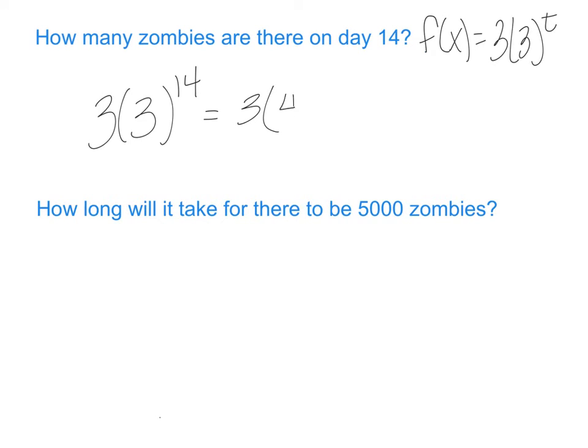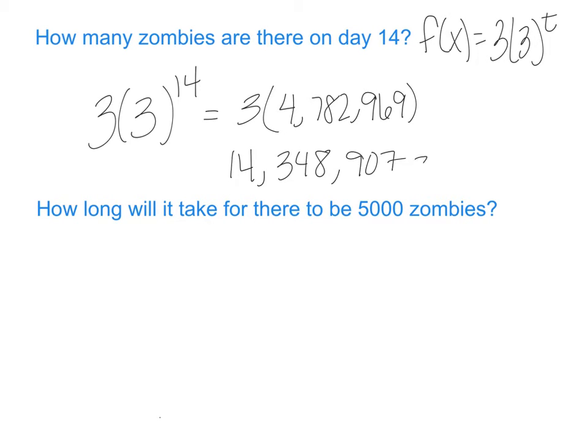We get 4,782,969 times 3, which gives us 14,348,907 zombies on day 14. Basically, at least the United States have taken over, and it's spread to China, Mexico, and down the continent.